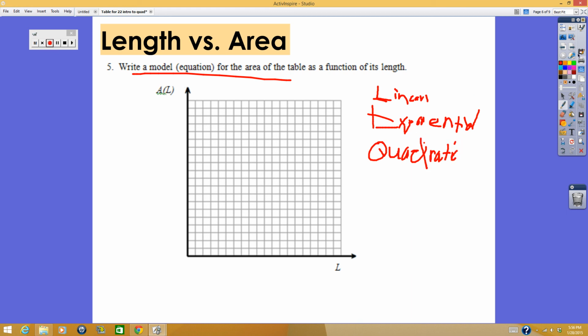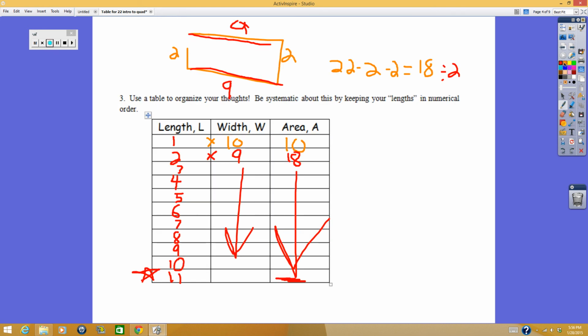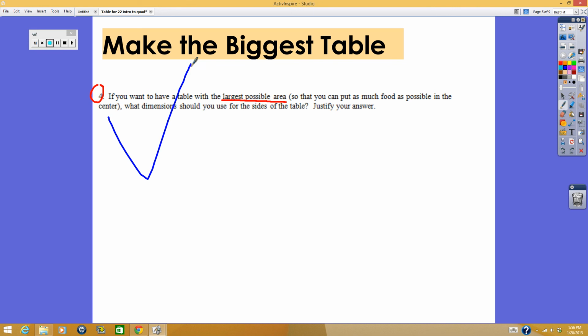You can find this out by going to your table, and trying to find out what is happening between each of these steps. Okay? Remember, if it's quadratic, there's going to be something happening in the second common difference. Okay? Anyways, so you should be able to do that.